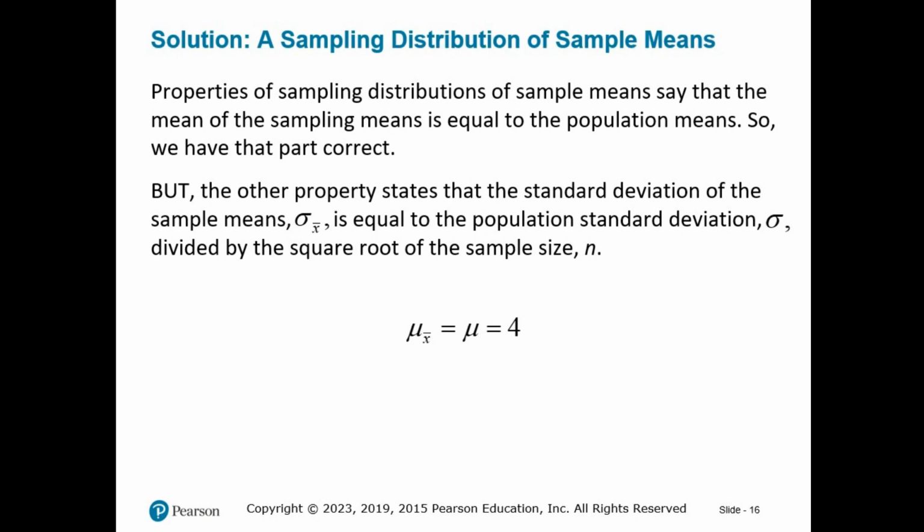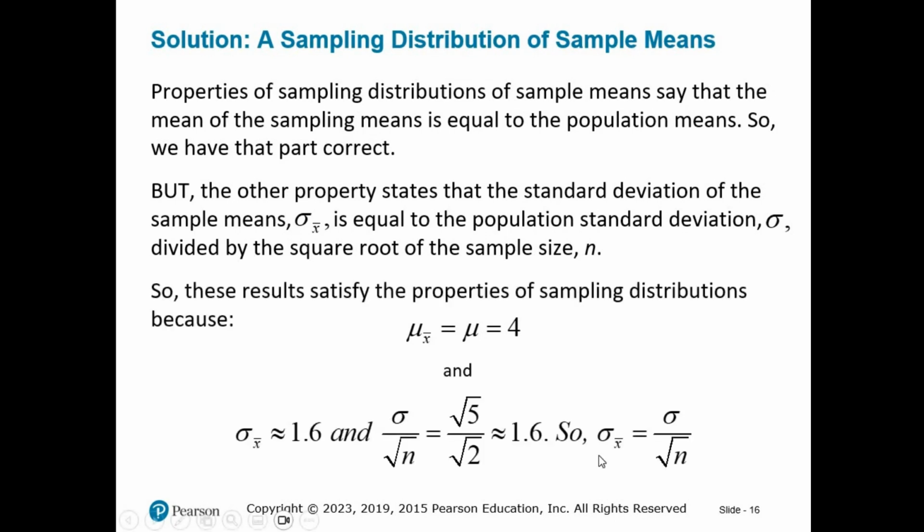Our sample mean standard deviation was about 1.6, and our population standard deviation was square root of 5, and our sample size was 2. So we put that all together, and we have square root of 5 over square root of 2, which is about 1.6. So yes, the sample mean standard deviation is equal to the population standard deviation divided by the square root of the sample size. Good job.